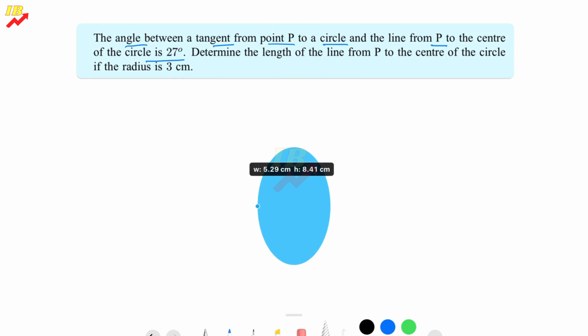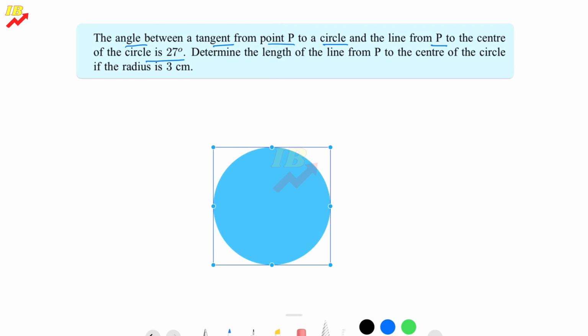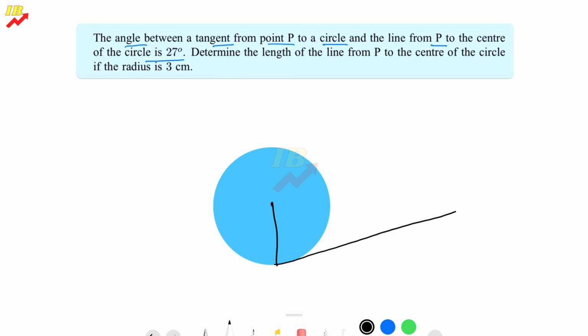So I am drawing a circle here like this, and suppose this is the center of the circle, and if I want to mark the tangent to a circle, the tangent is lying here. And this is the center of the circle. Let's read it one more time.